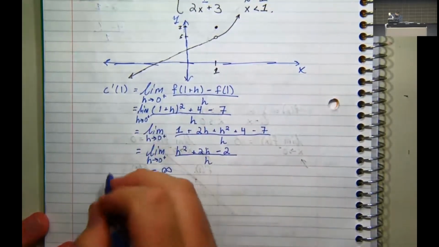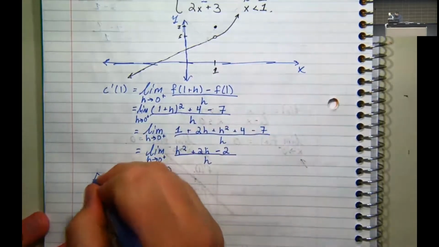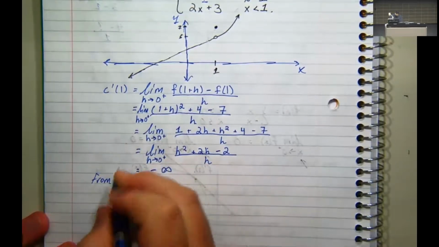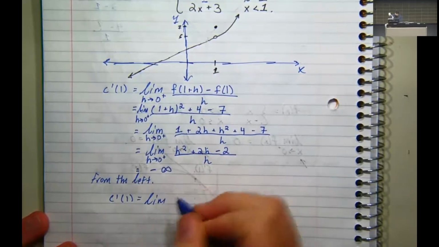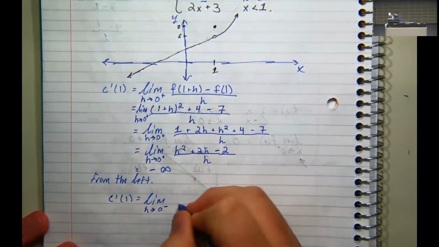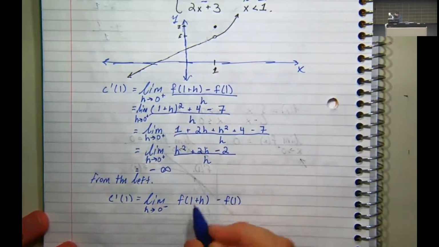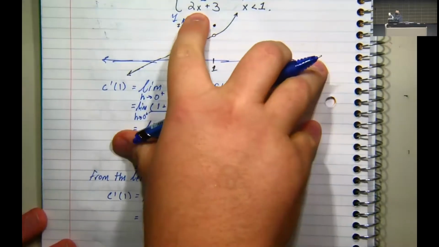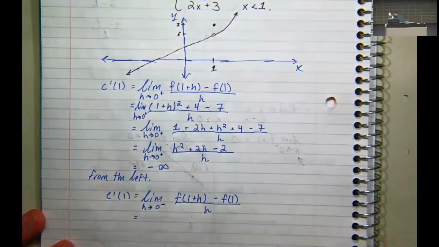And then we have, once again, now from the left. c prime at 1 equals the limit as h approaches 0 from the negative of f at 1 plus h minus f at 1, over h. Now we're going from the left, so we're going to use 2x plus 3.